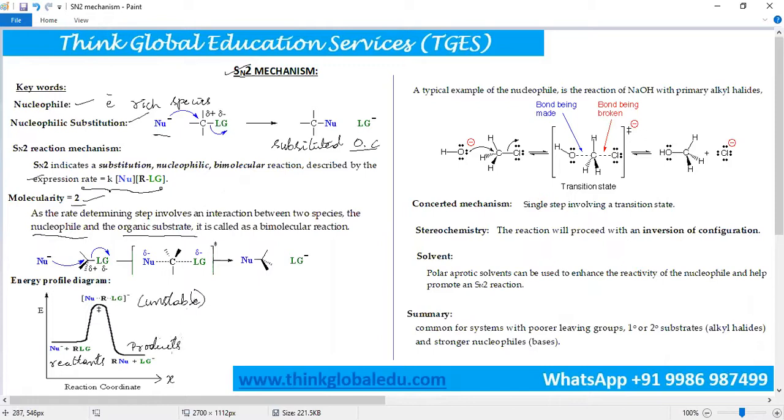We shall learn the SN2 reaction mechanism by taking an example of a reaction between methyl chloride and a nucleophile base such as NaOH to form methanol and sodium chloride.